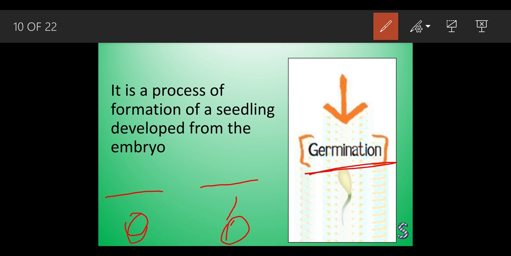Inside the seed there is an embryo, and when this embryo gets the proper amount of nourishment, it starts to develop into a seedling. Seedling means it is getting a bit mature.